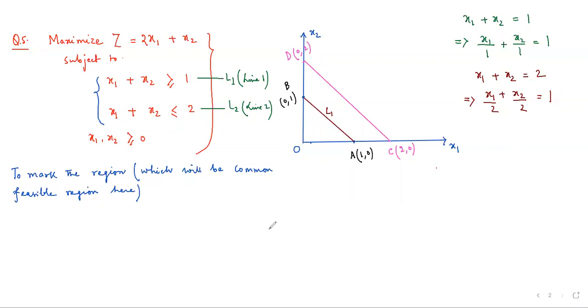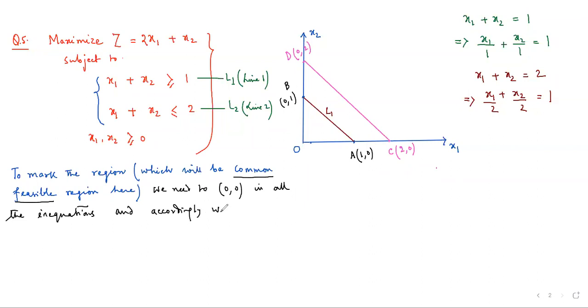You have to consider such a region which is satisfied by inequation 1 as well as inequation 2. So such a region will be the common feasible region. In the previous case, since there was only one inequation, we didn't bother about finding the common feasible region because it didn't have any meaning. But now, since there are two constraints, we have to deal with the common feasible region. To find it, we need to substitute 0, 0 in all the inequations, and accordingly we will find the common space.